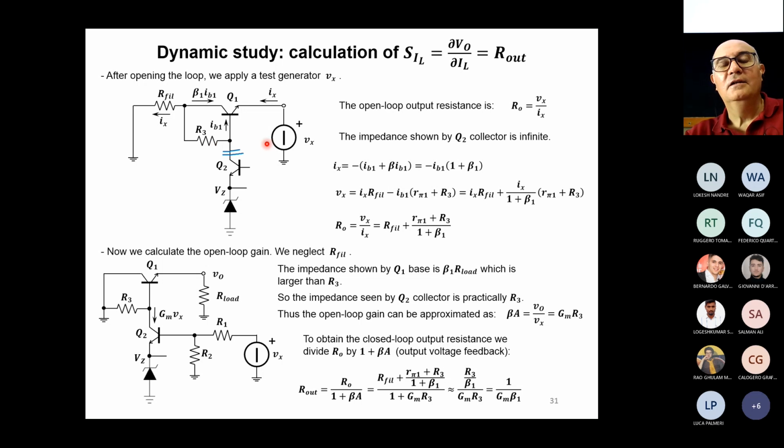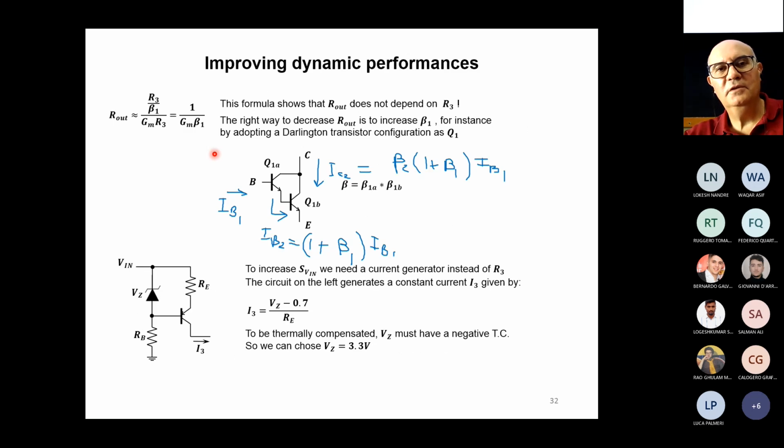So if, instead of R3, I use a current mirror, I need 2 transistors, while if I use the simple circuit here, I can do that with only 1 transistor and a Zener diode. This is a simplified version of a current mirror, or anyway, a circuit that is able to give a constant current.